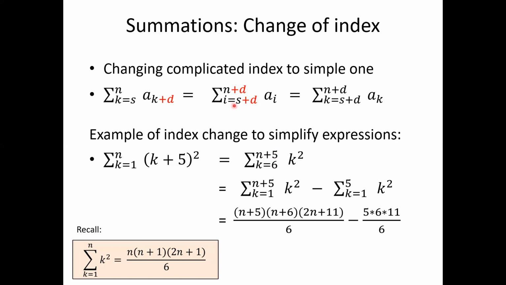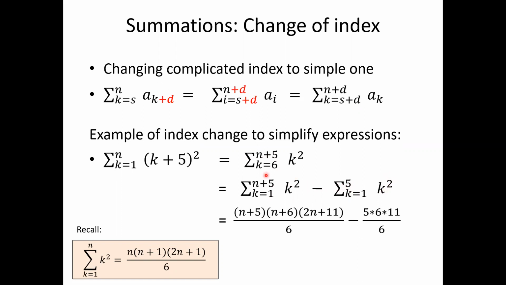It's a case of this move. Okay, and now I can use the trick from the last slide. I can represent the summation as starting from 1 to the end, and then subtracting away the first 5 terms.